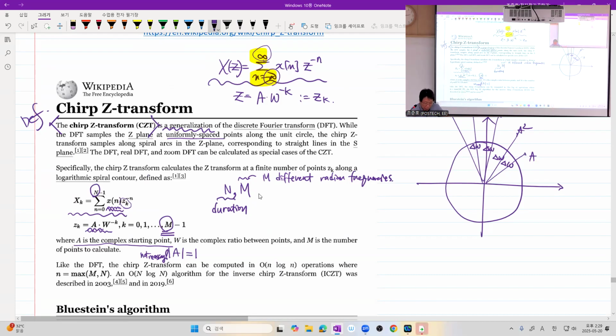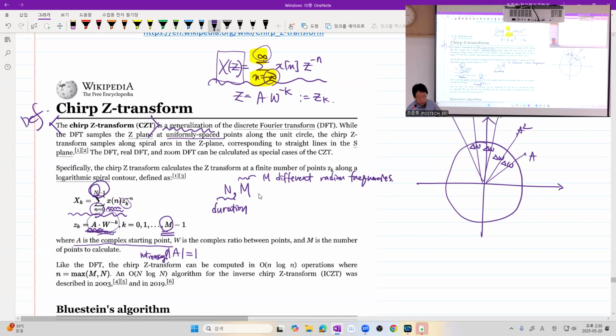So we may have lower limit 0 and upper limit capital N minus 1 after proper shifting or delaying or advancing. And we want to evaluate this capital X of z at some complex number. Got it?